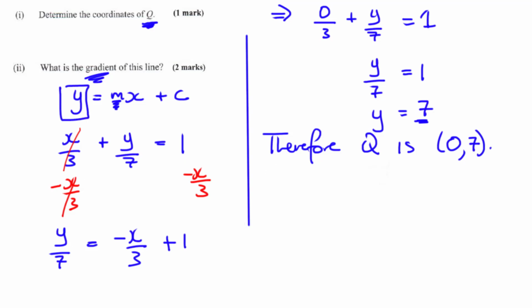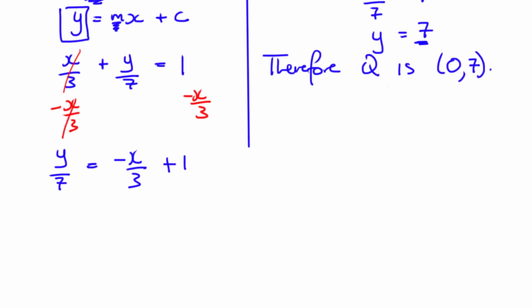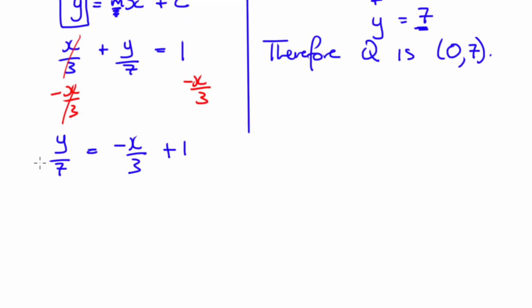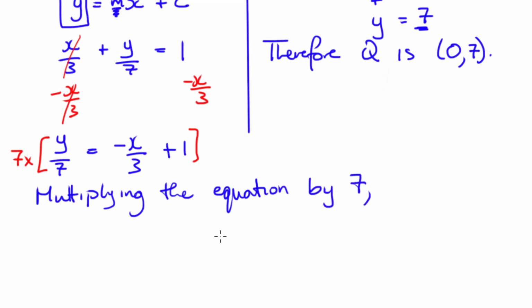So how can I do that here? Well, if y is being divided by 7, I could multiply the entire equation by 7 to get rid of that in the denominator. So multiplying the equation by 7, I'd multiply a seventh of y by 7, which would just give me y.